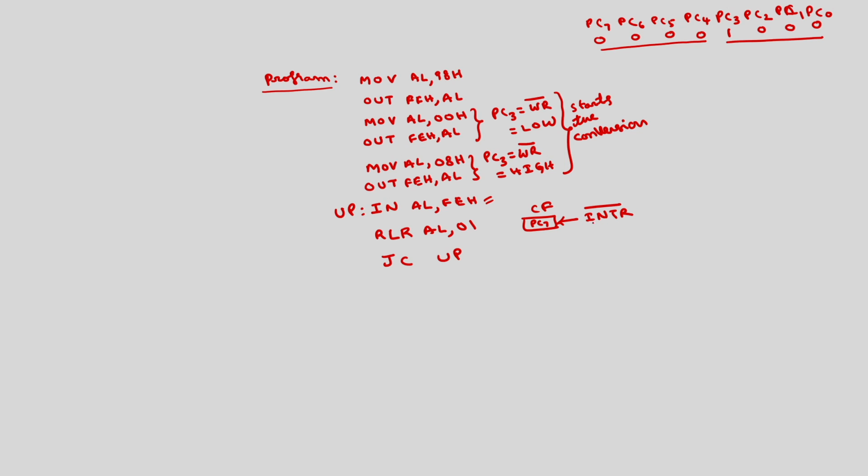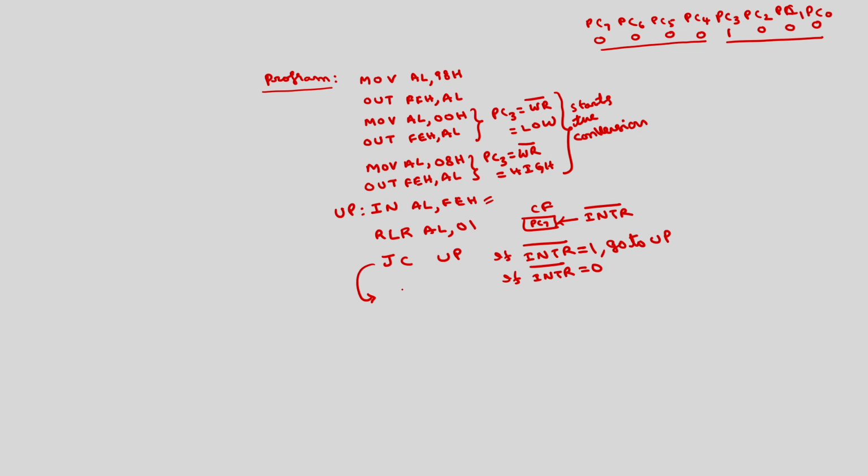If INTR is equal to 1, it will go to up. That means the conversion is not yet over, and you have to wait in a loop. If INTR bar is 0, it will come out of the loop, and then you have to read the data.